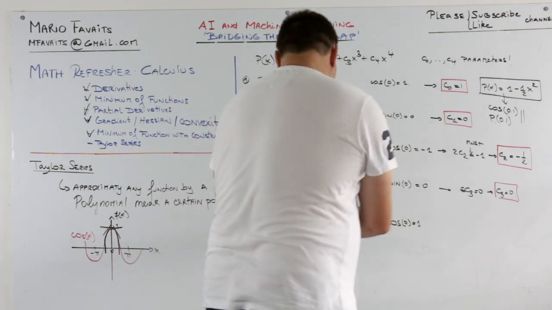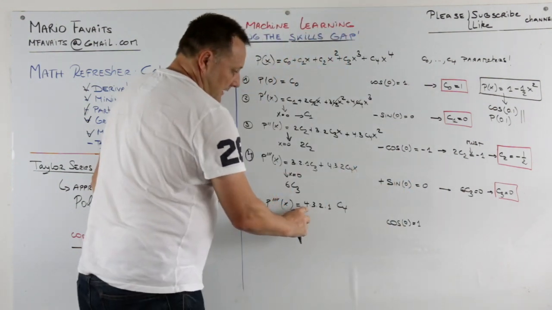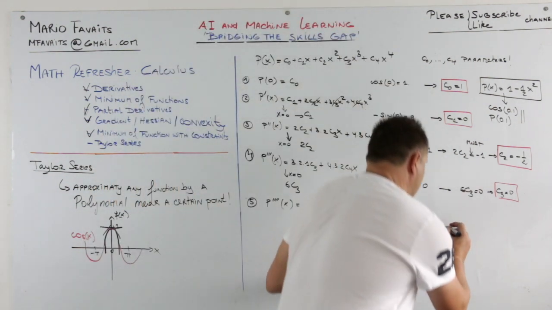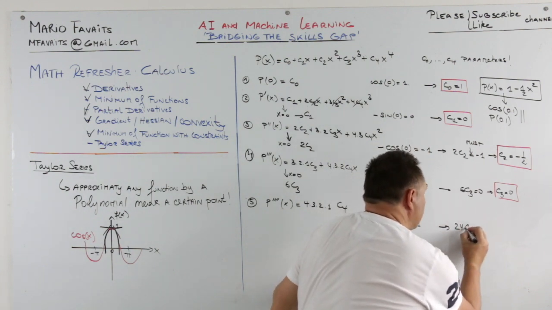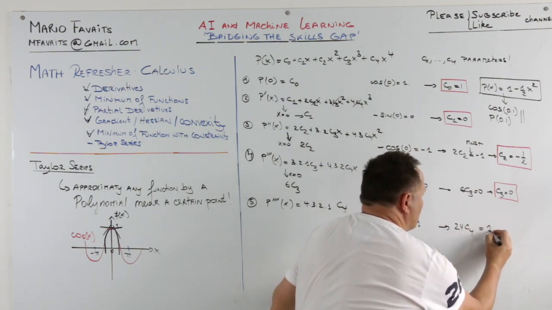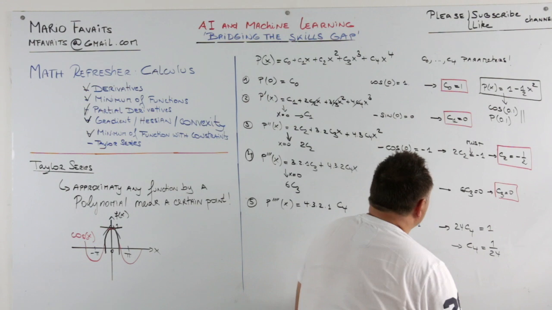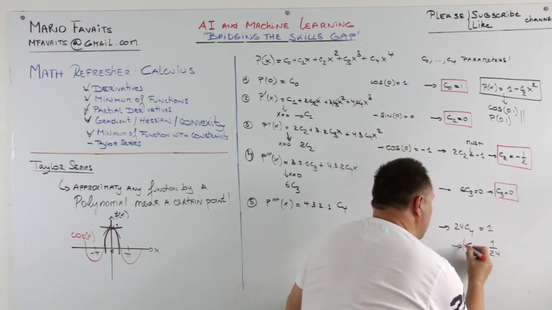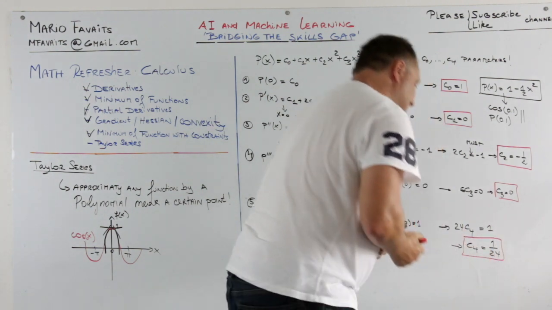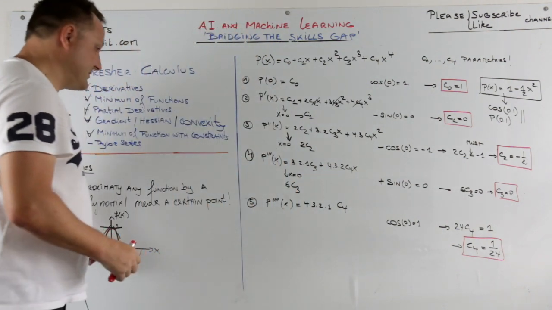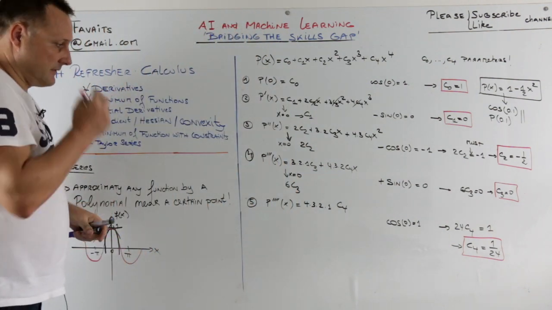So here we have that 4 times 3 is 12, times 2 is 24. So 24 C4 needs to be equal to 1. So that means that C4 equals 1 divided by 24. So now we found all the C's, and we've approximated the cosine near the point 0 by a polynomial.